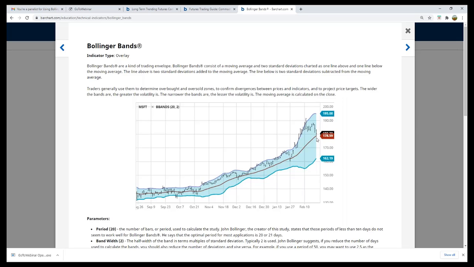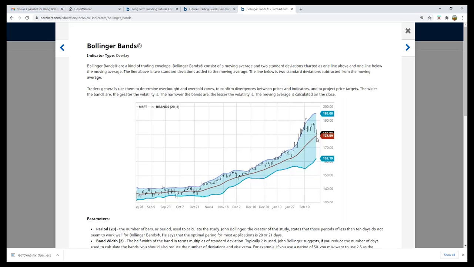Now, when we talk about Bollinger Bands, it is referred to as the mean. And when you talk about statistics and the collection of data, we have means, we have modes, and what's the third one? I'm having a senior moment here. Oh, median, right? So it's going to be more commonly referred to as the mean.